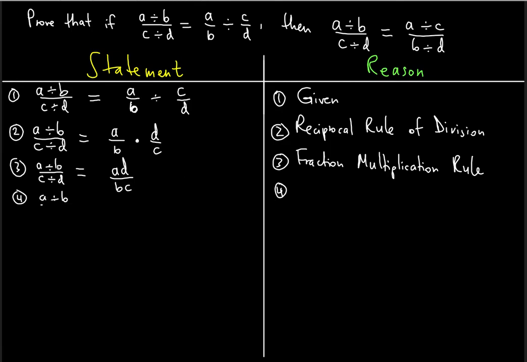So the next part, copying down the first one, that doesn't change. Now what will change here is that we want to multiply the numerator and denominator by 1 over CD.